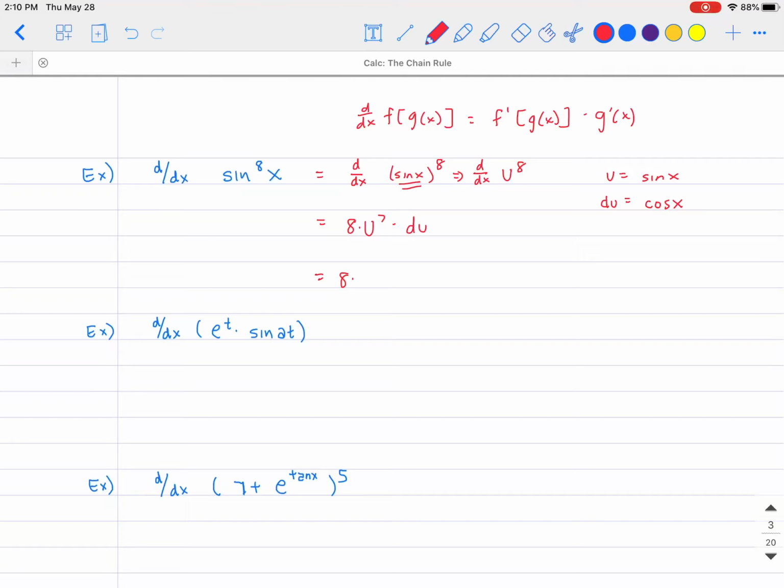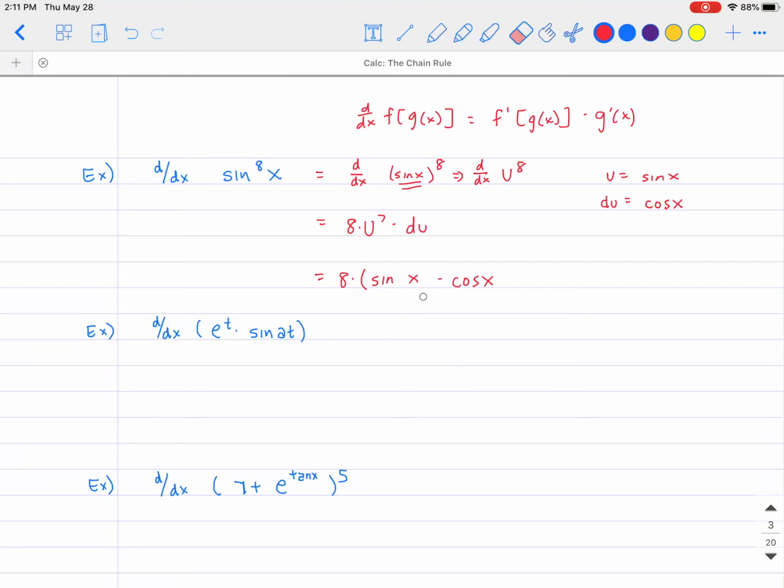So putting it all together, 8 multiplied by u gets replaced back by sine, so that's sine to the 7th power of x, and then multiplied by du, which we saw earlier, the cosine of x right there. So you can see how the cosine of x is the inner function's derivative.